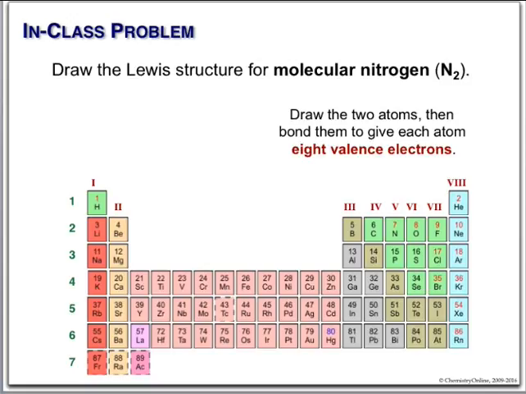You should have something like this. Now, our goal here is to come up with an octet of electrons around each nitrogen. Let's just see how we could do that.